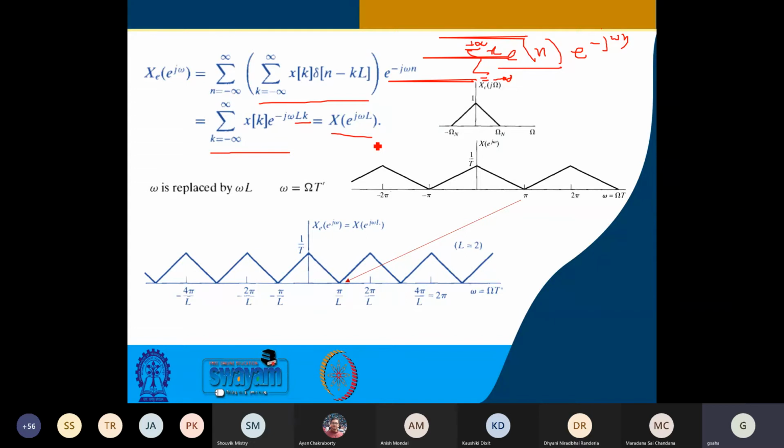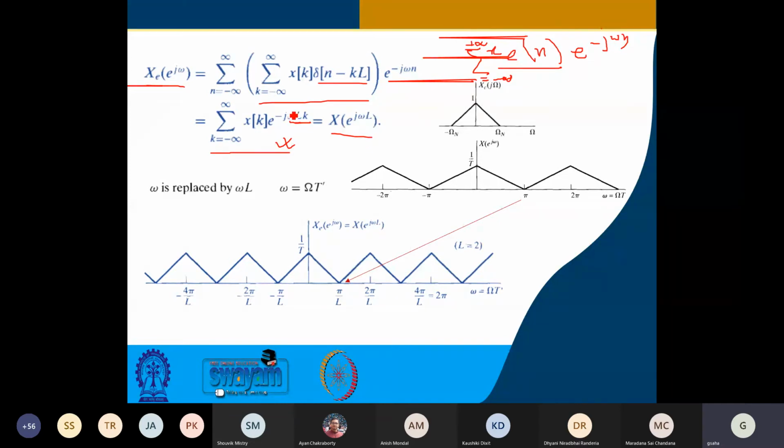Please understand this step. Because of delta[n - kL], only those n of e to the power minus j omega n for which n is equal to kL come into consideration, and X(e^{j omega}) can be rewritten in this manner, where this omega and L put together in the basic DTFT equation, we can write this as X(e^{j omega L}).